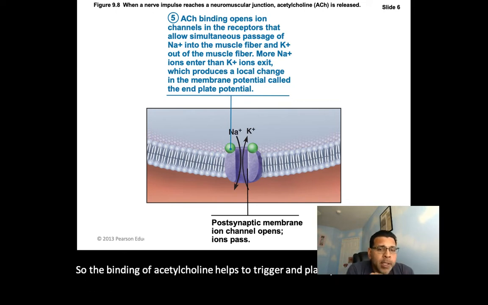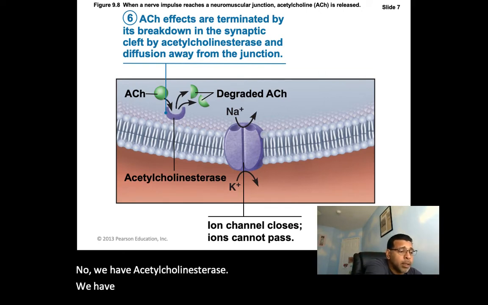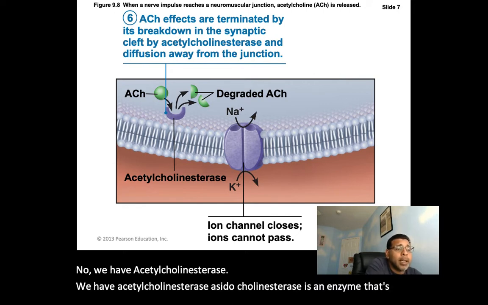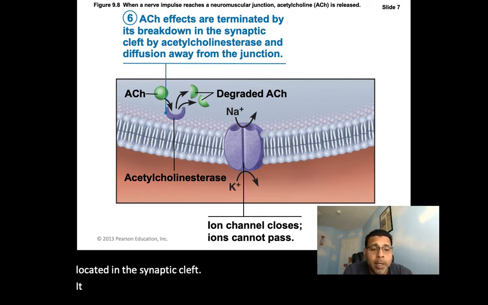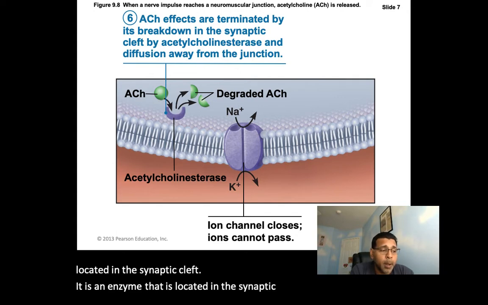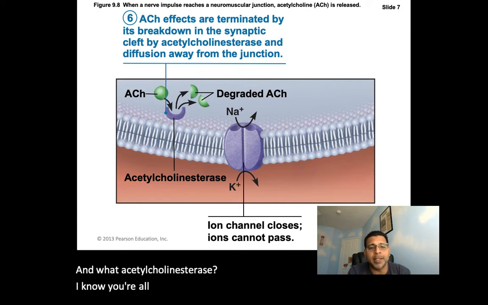Now we have acetylcholinesterase. Acetylcholinesterase is an enzyme that is located in the synaptic cleft. And what acetylcholinesterase does, I know you're all yelling at me, telling me it's an enzyme.